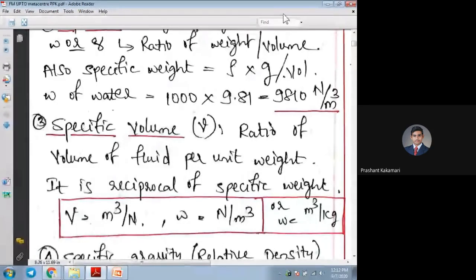Now what will be the value of this small v for water? It should be 1 by 9810 meter cube per Newton. Just the reciprocal of the value 9810, and units also will change. That will be meter cube per Newton. So this is the definition of specific volume. It is the ratio of volume occupied by the given fluid per unit weight.